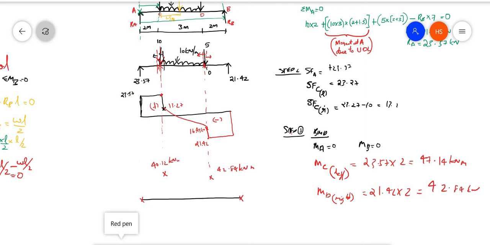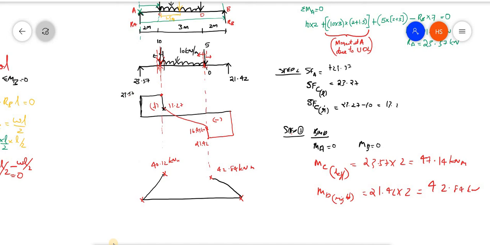Okay, now how can I join this? Since there is no load here, only constant load, you can join by a linear line. Okay, this is joined by a linear line, and under the UDL there will be a parabolic variation.